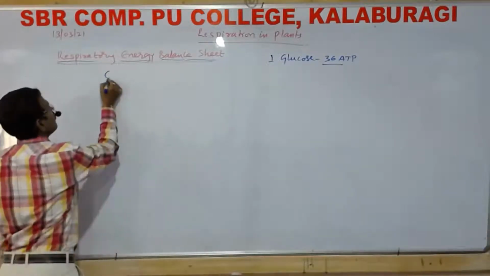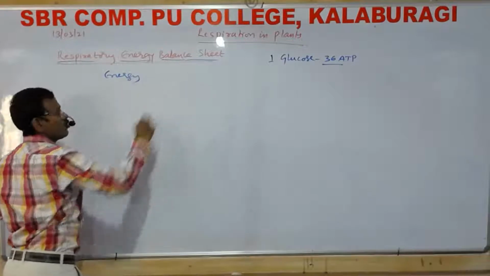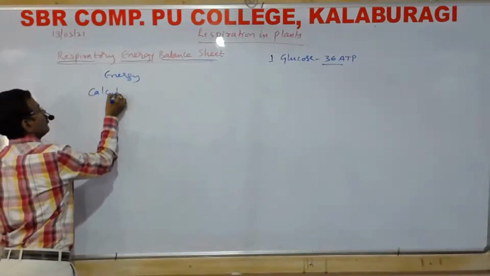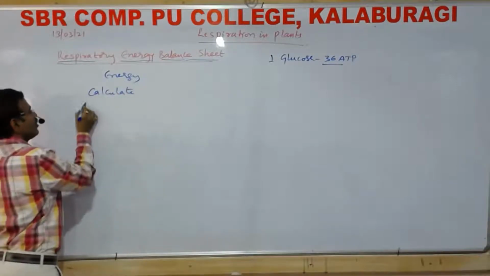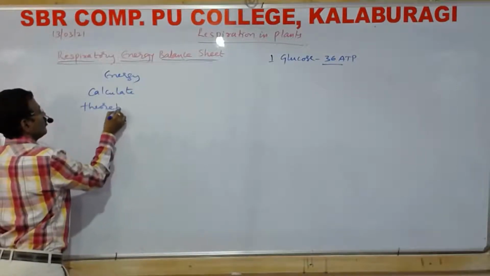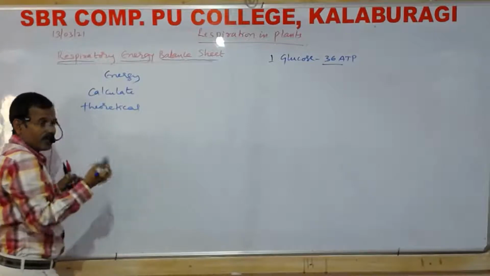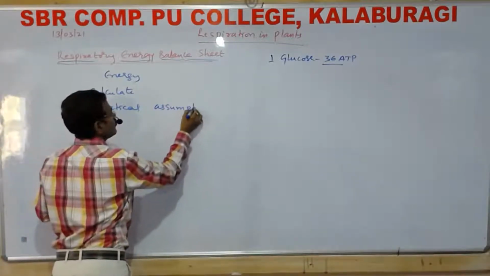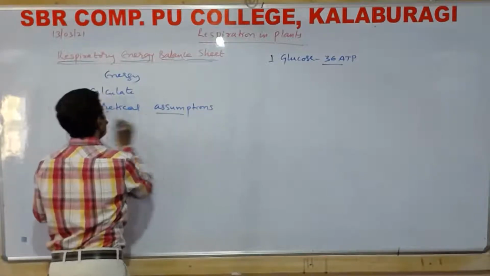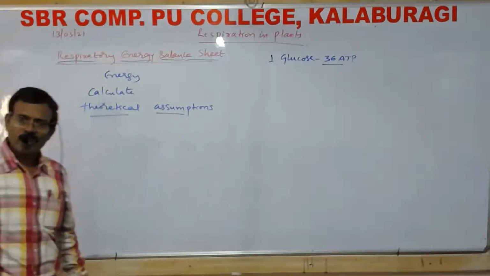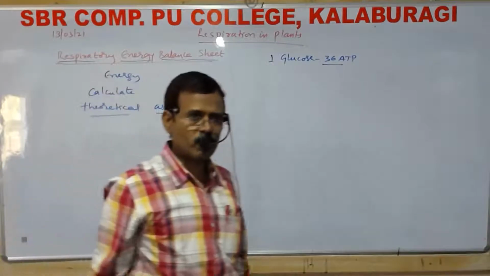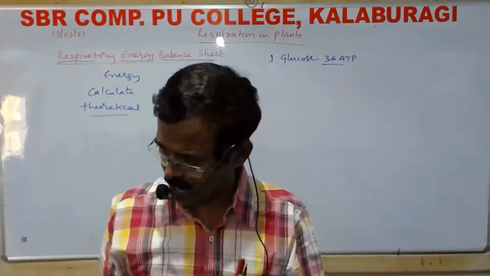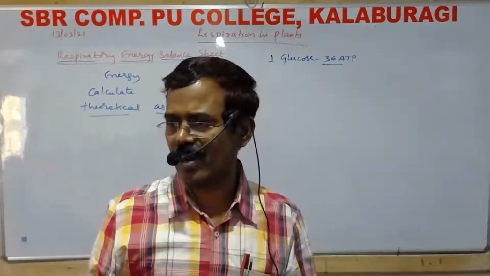See, the energy which is released from one glucose molecule, we can calculate. It is theoretical and it is based on certain assumptions. The energy released from aerobic respiration on the complete oxidation of the respiratory substrate is going to release 36 ATP molecules.